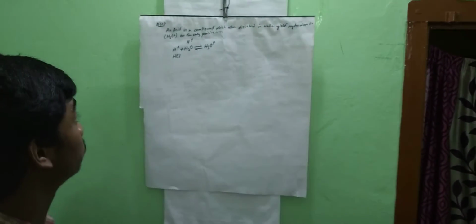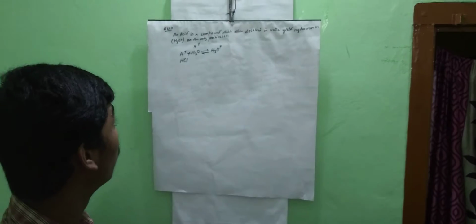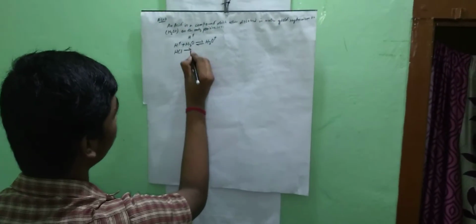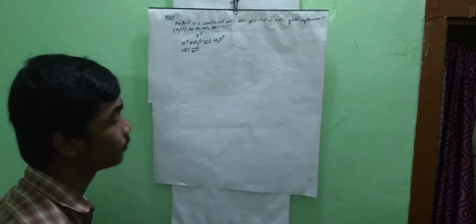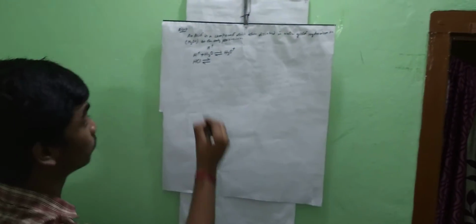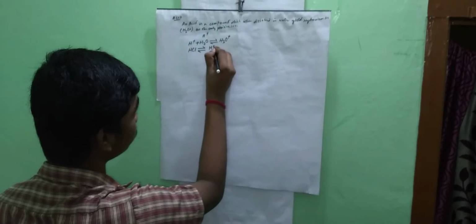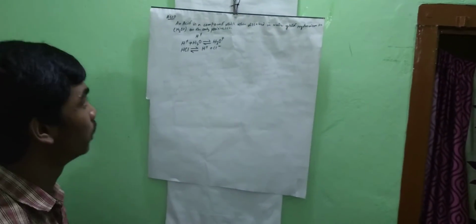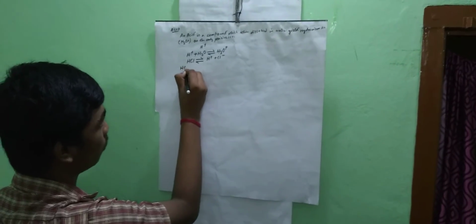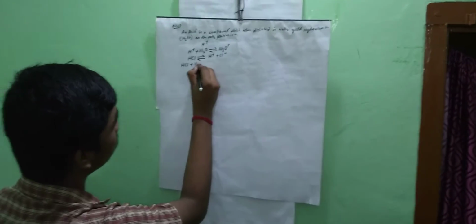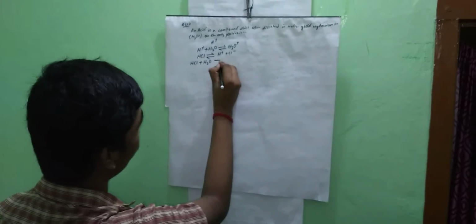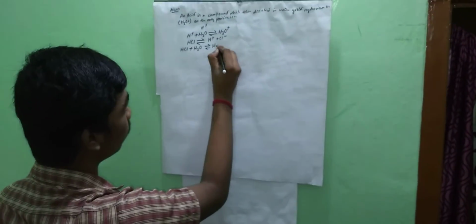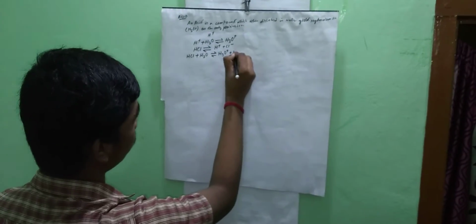The chemical name of HCl is hydrochloric acid. When HCl is broken down into simpler substances by electrolysis, it forms H plus ion plus Cl minus. And this HCl, when it reacts with water, produces hydronium ion plus chloride ion.